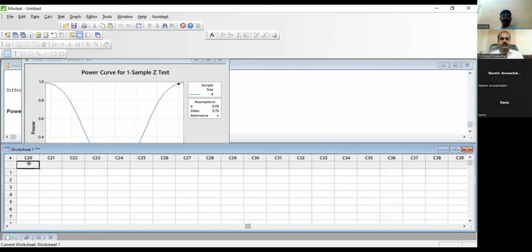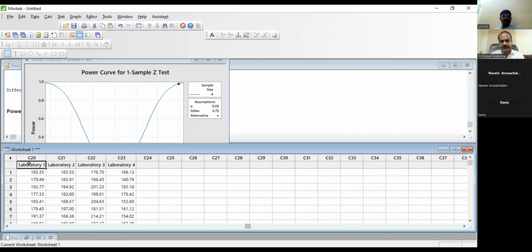ANOVA and all. But I am helping you with Minitab only. Now all the data copied and then pasted here. Now if I perform ANOVA and see a p-value of less than 0.05, it simply means there is significant difference between the laboratories, right? So let me do it.